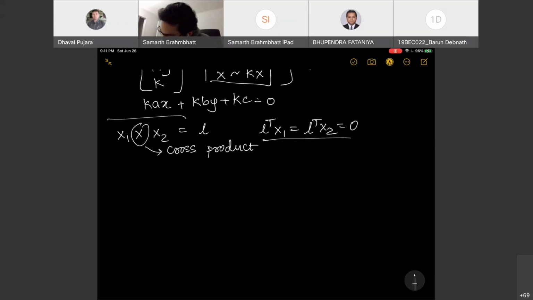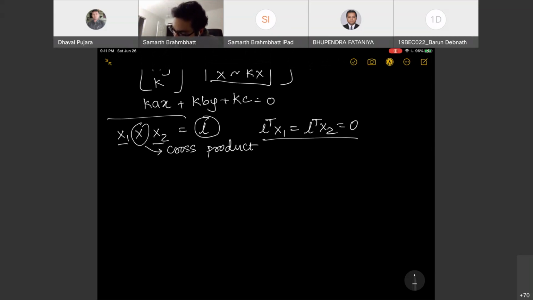And this is exactly the condition for the representation of a line that passes through two points x1 and x2. So the quantity we get by doing the cross product of these two homogeneous points is the line that passes through these two points.